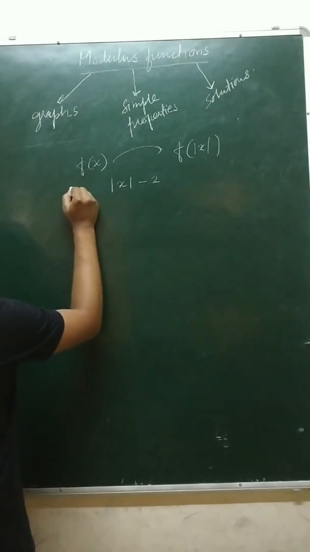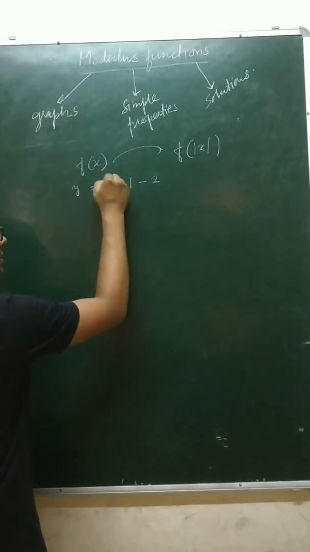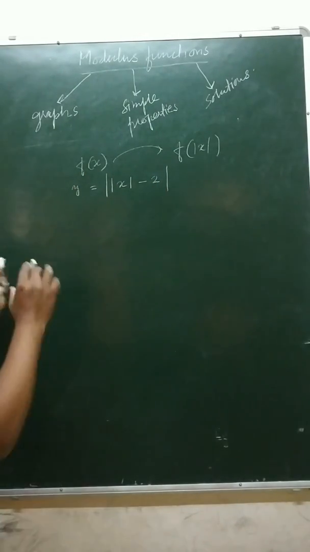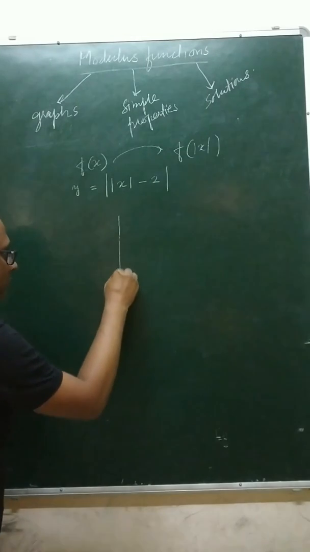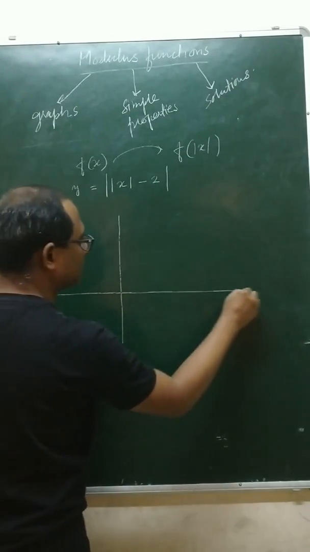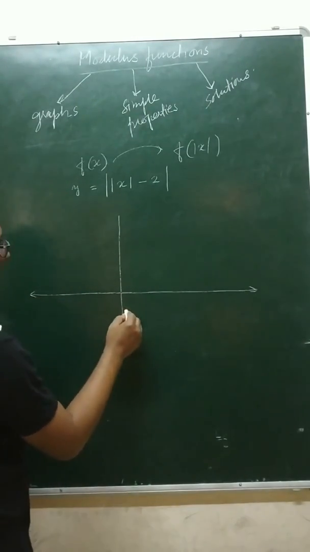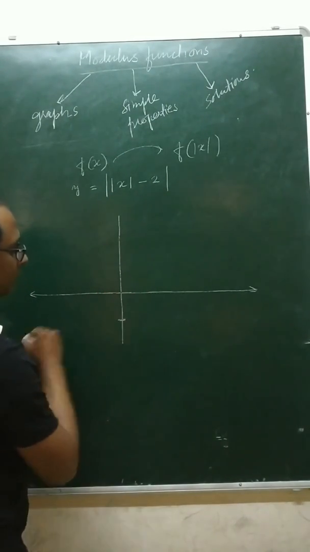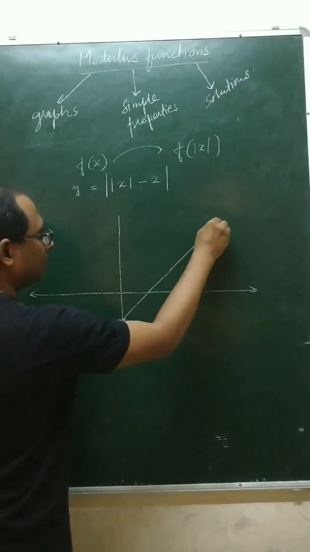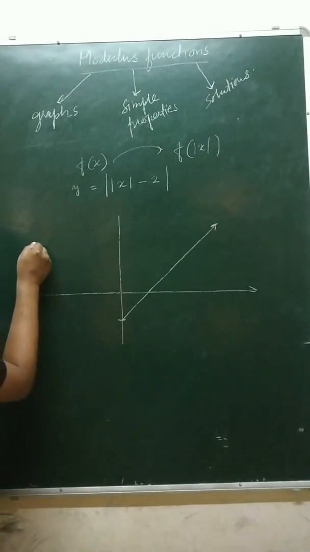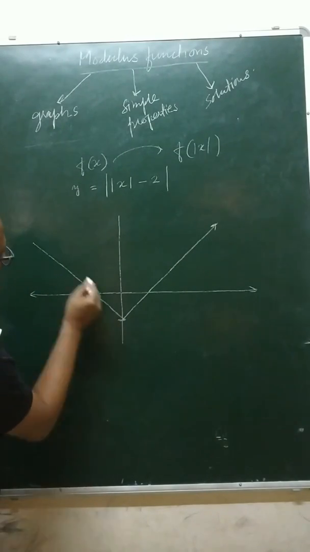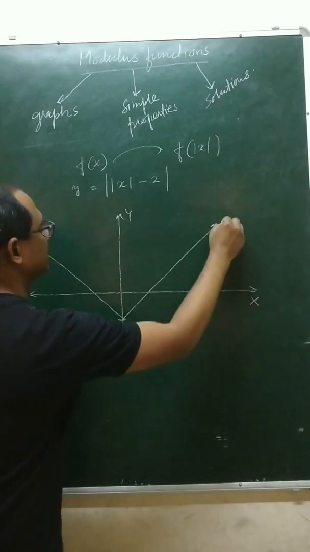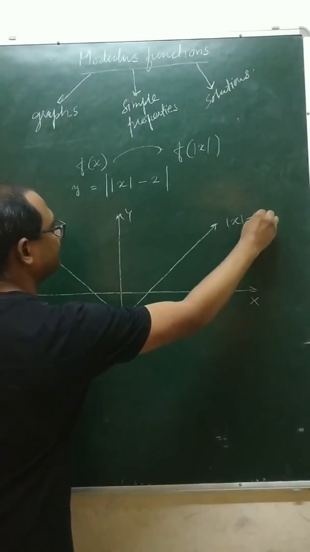Now, how do I draw y equal to modulus of x minus 2? Already we know how to draw x minus 2, that is, the original graph will shift 2 units below the origin. This is x minus 2.